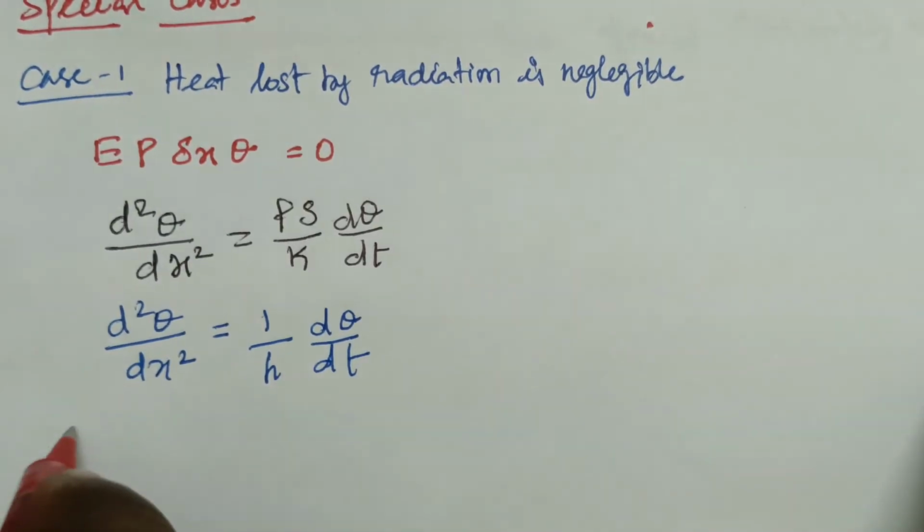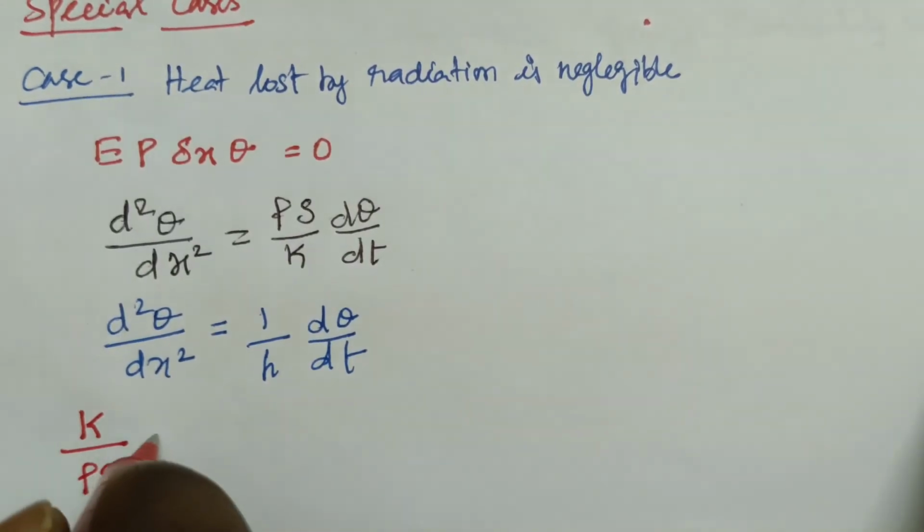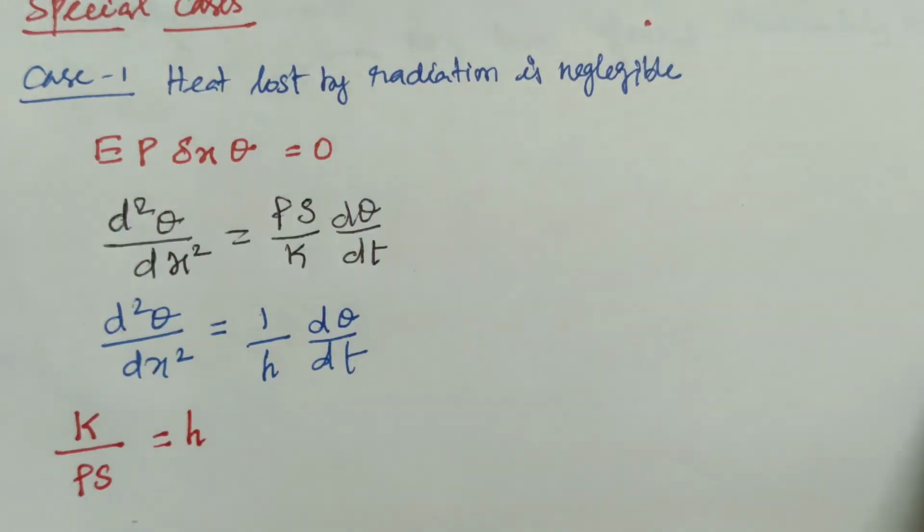Here h equal to k by rho s, which means thermal diffusivity of the rod.